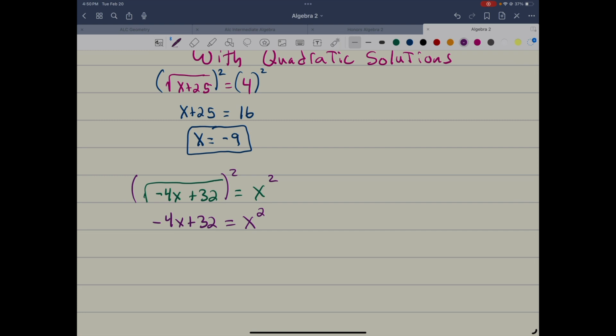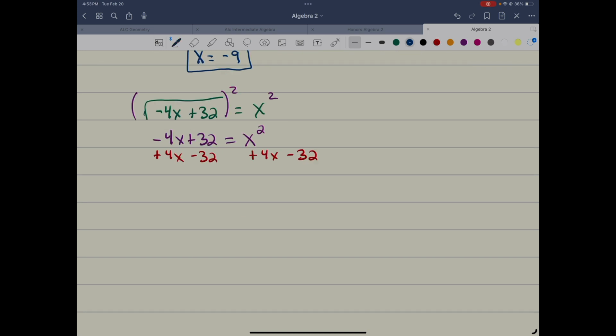In order to use the x method, we need to first set it equal to 0. So I'm going to move everything to the same side as the x squared. I'm going to add 4x to both sides, and just to do it in one sweeping step, we're also going to subtract 32. Now I have 0 is equal to x squared plus 4x minus 32.